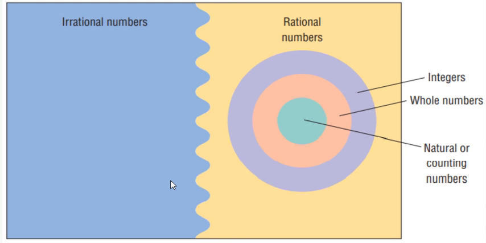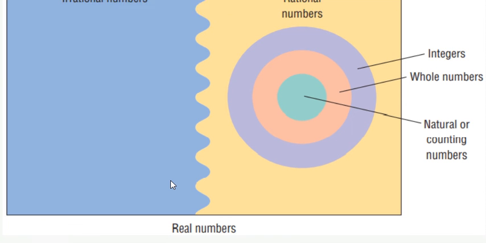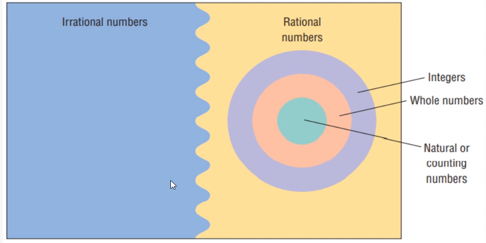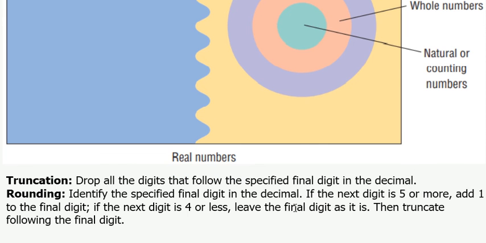Integers include whole numbers, natural or counting numbers. Then the irrational numbers. Real numbers are the union of the irrational numbers and the whole set of rational numbers.